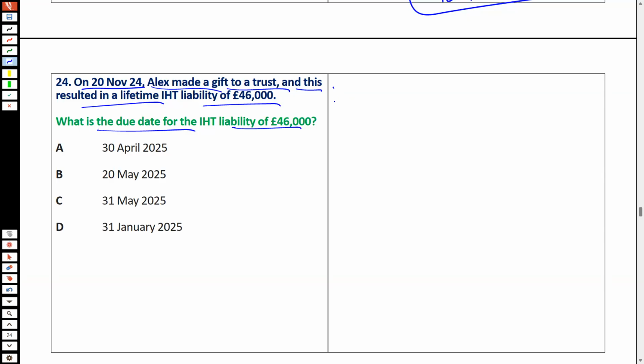If the CLT is made from 6th April, from the start of the fiscal year, to 30th September, then the due date is 30th April after the fiscal year.